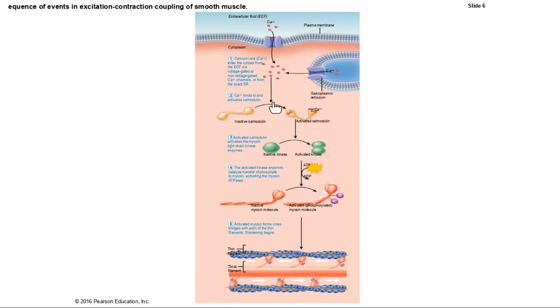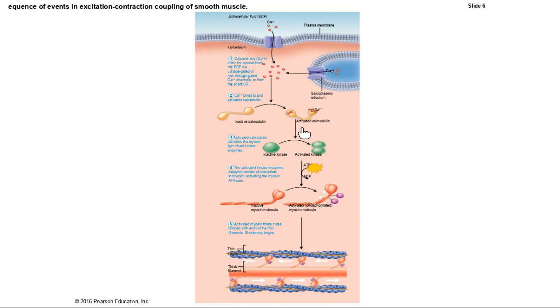And so this calcium then is going to come and bind to this protein called calmodulin. That ends up activating the calmodulin. Once we have our calmodulin activated by calcium, then calmodulin is going to start a series of activation steps.